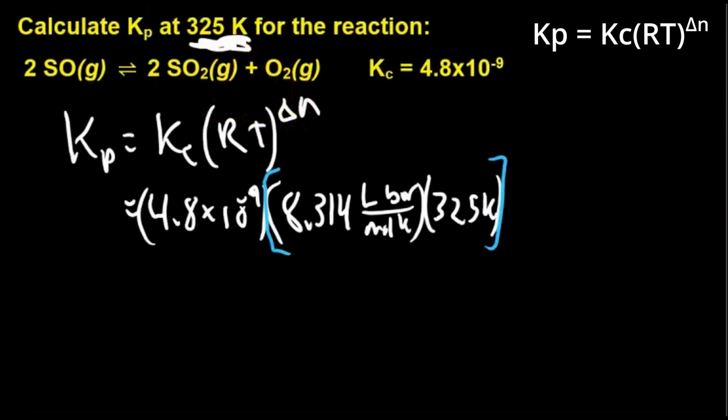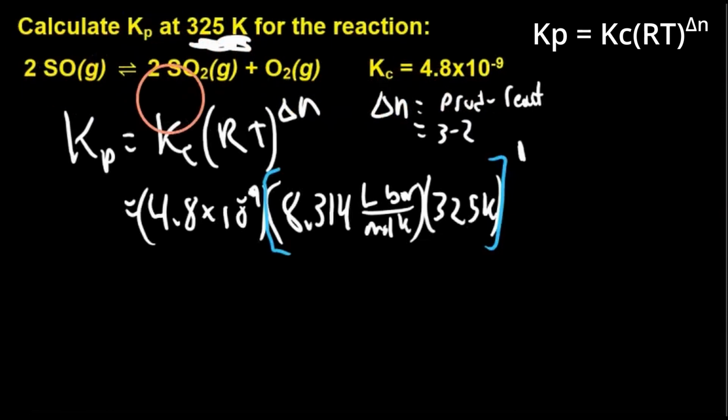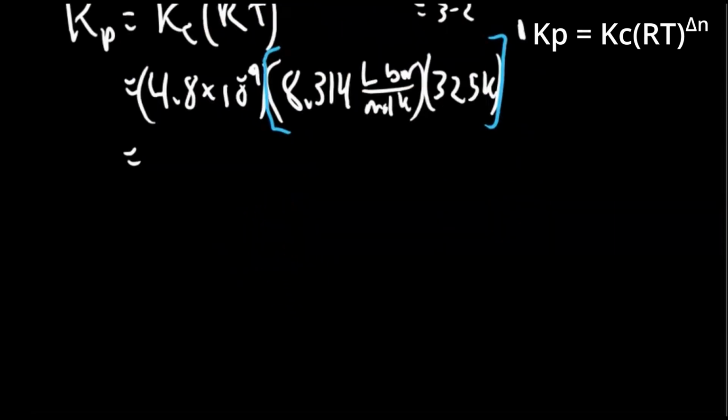Change in moles is products minus reactants, because it's a change, which makes sense because it's like final minus initial. That's 3 minus 2, another 1. This usually isn't 1, but I guess for us it is.